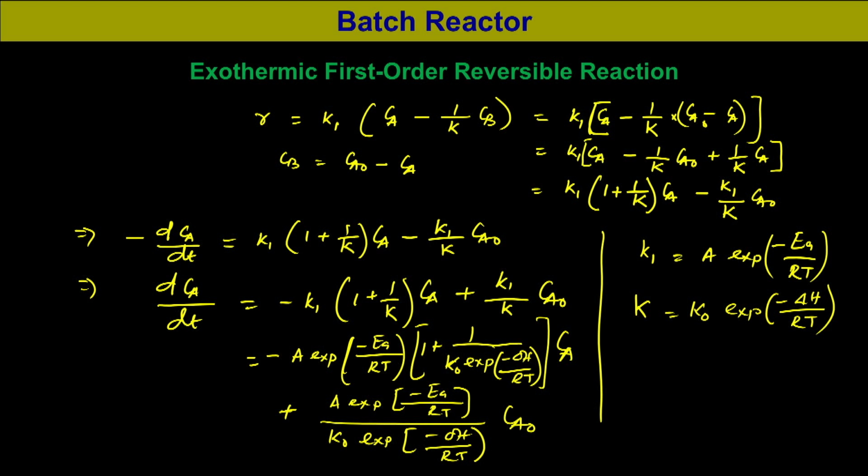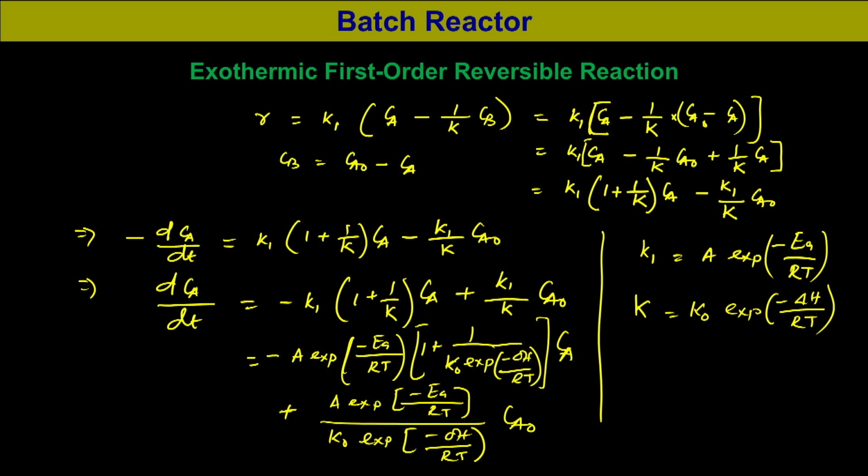So, if we substitute Cb over here, this would be K1 Ca minus 1 by capital K into Ca naught minus Ca.